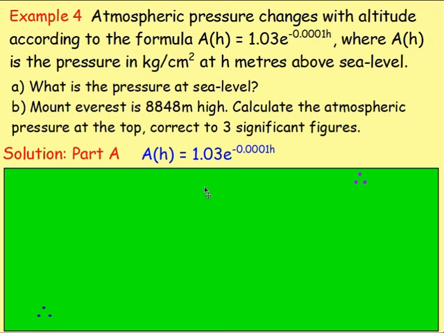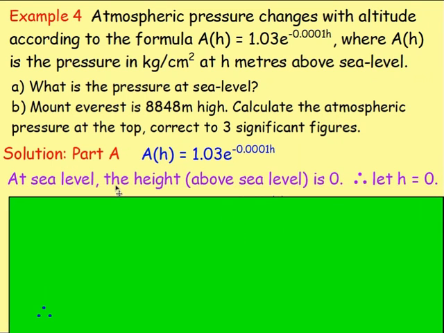So first of all, we're told A(h), the atmospheric pressure at such a height, is given by 1.03 times e to the power of negative 0.0001 times h, where h is the metres above sea level. If we want the pressure at sea level, the height above sea level is 0. We're not above it, we're at sea level.